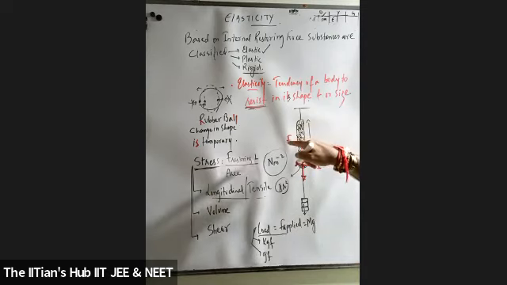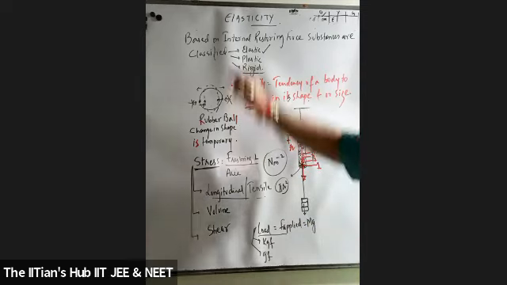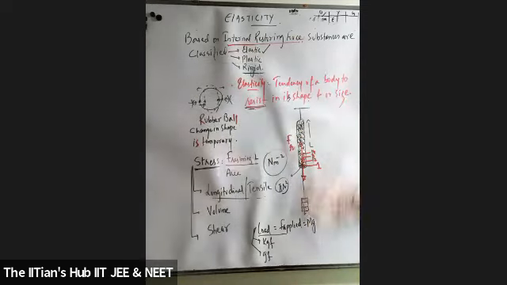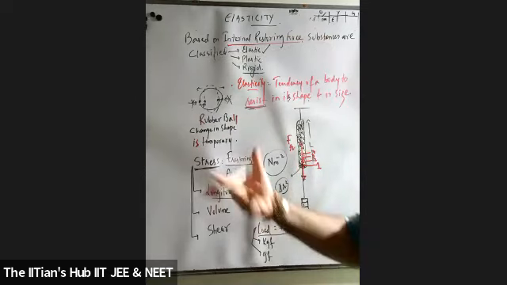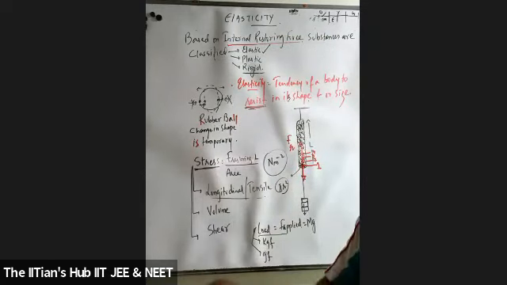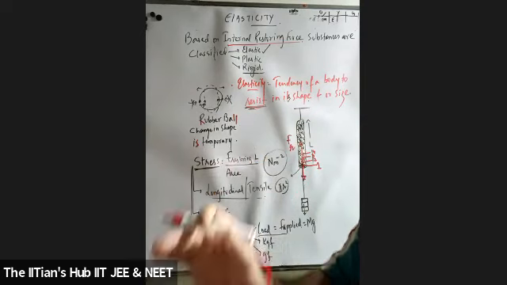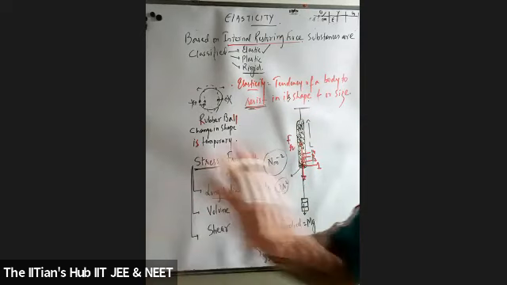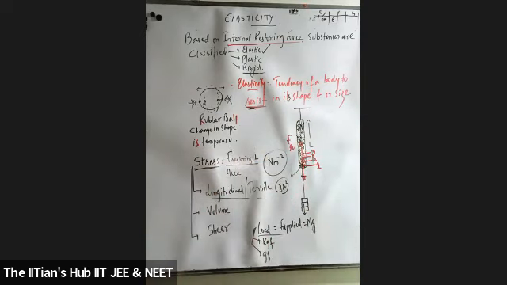This interatomic force is actually the restoring force. Students, when somebody asks what you mean by internal restoring force, it is nothing but simply the interatomic force of attraction between atoms and molecules.